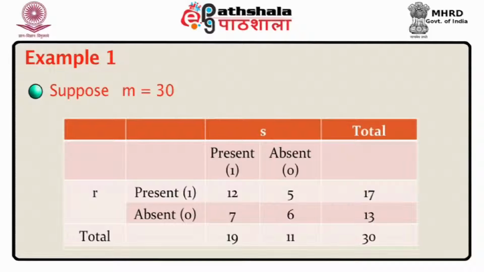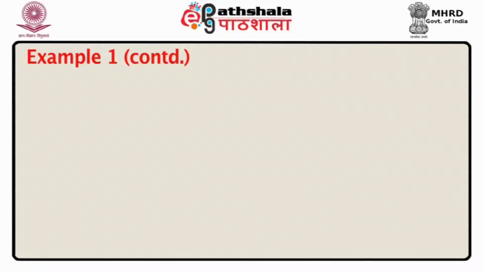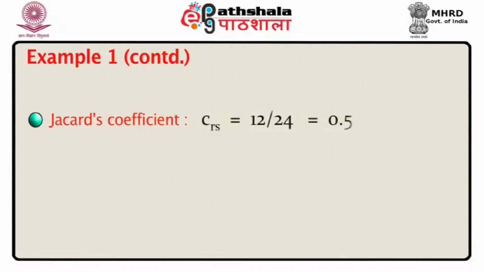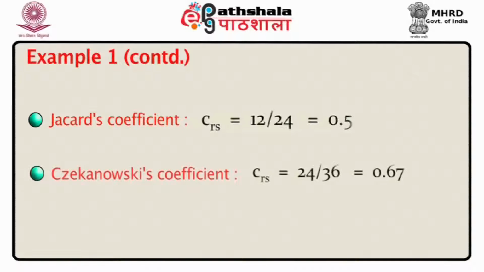So in this case, of course, as we just discussed, we will be using either the Jaccard's coefficient, which comes out to be 12, because A is equal to 12, and A plus B plus C is 12 plus 5 plus 7, which comes out to be 24. So the value comes out to be 0.5. And similarly, we can have the Czekanowski's coefficient, which comes out to be 0.67. So we can say that the two individuals R and S are moderately related to each other.